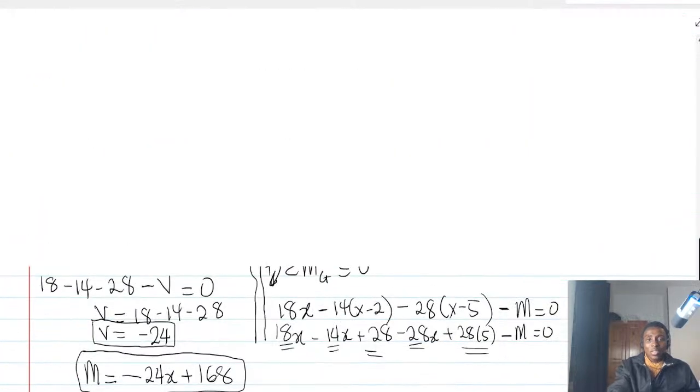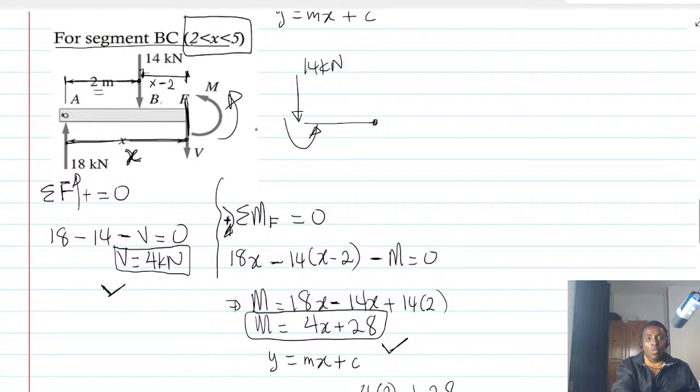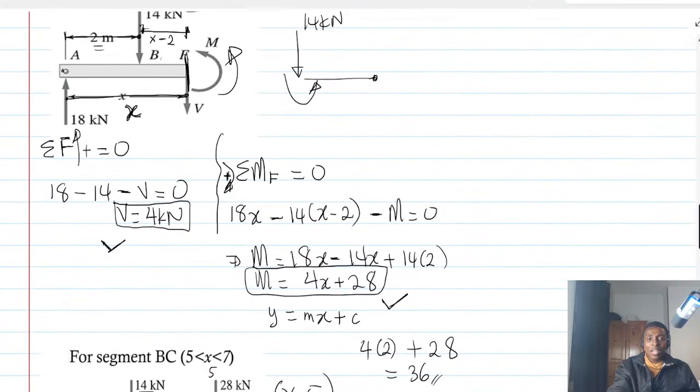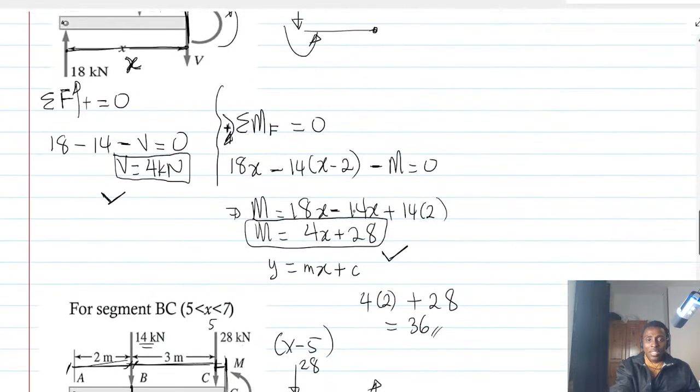Okay. So it is moving from 2 to 5. Let's put 5 inside and let's see what we will get. If we put 5 inside this, it's going to be 4 times 5 plus 28. And what is that? So 20 plus 28 is what?